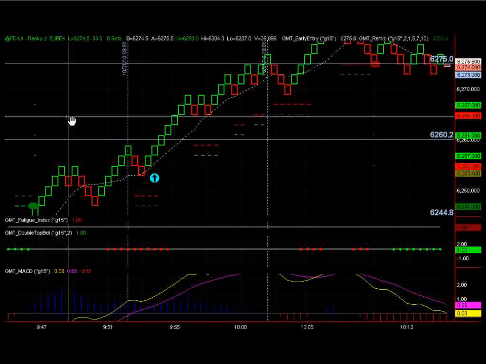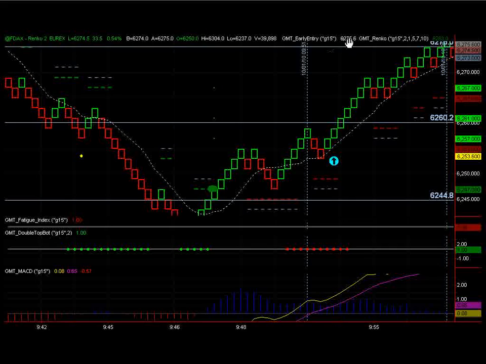So traders, that is a significant number of points there on the DAX. So there's plus 20 there. So you could have had just a day out on the DAX today on the Renko.